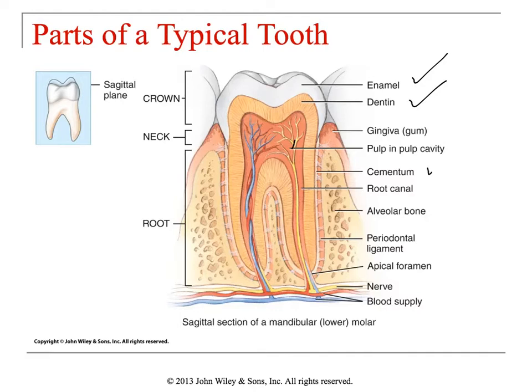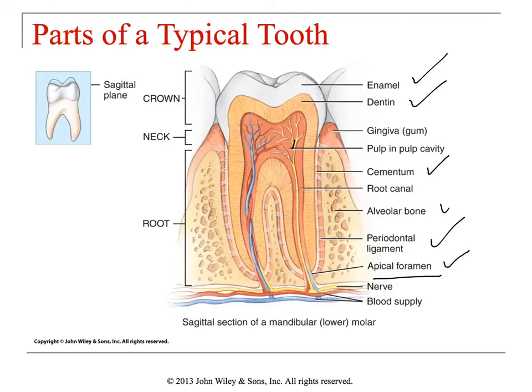Cementum is where the tooth attaches with the periodontal ligament to the bone. So the cementum is going to help keep it all anchored in there. At the roots of the tooth, there's a little hole, the apical foramen.